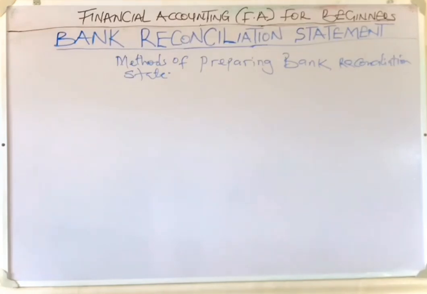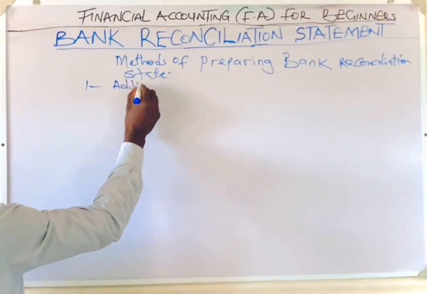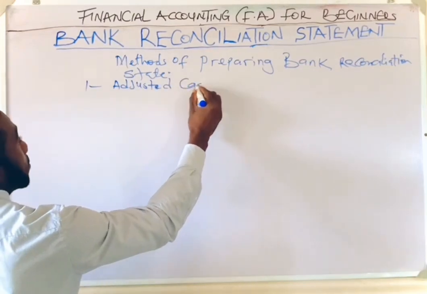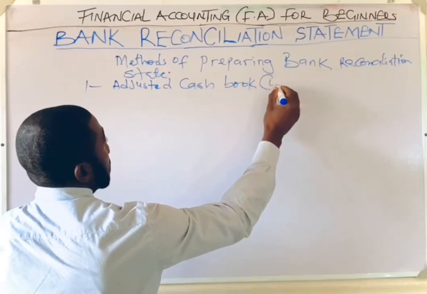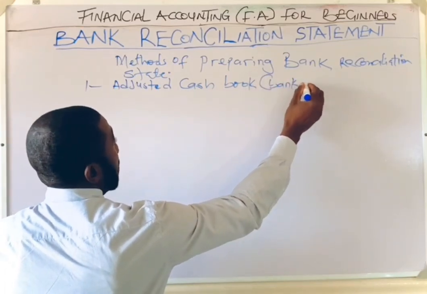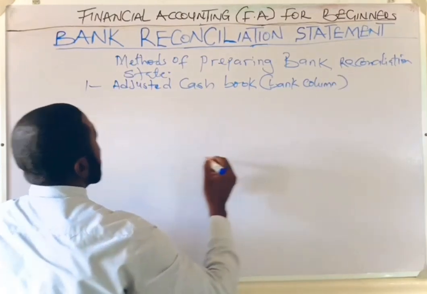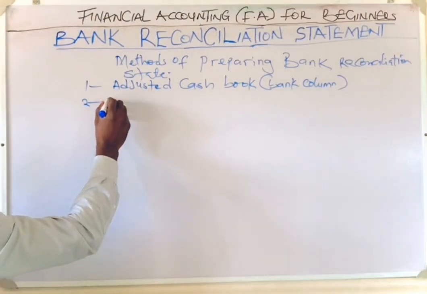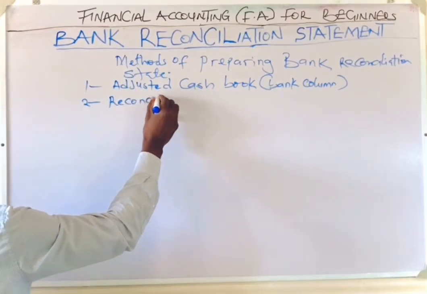So we have one, adjusted cash book, the bank column. Two, we have the reconciliation.